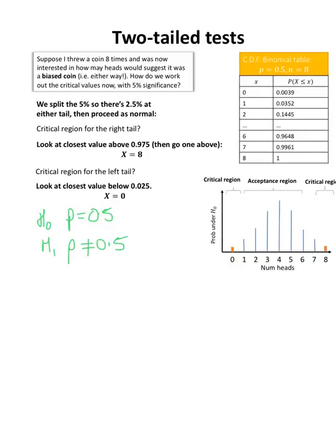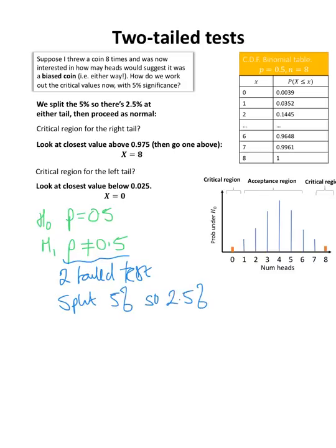And because we're testing at the 5% level and we're doing a two-tailed test, that means we have to split our 5%, because all we know is that it is not equal to 0.5. So we'll have 2.5% in each tail.